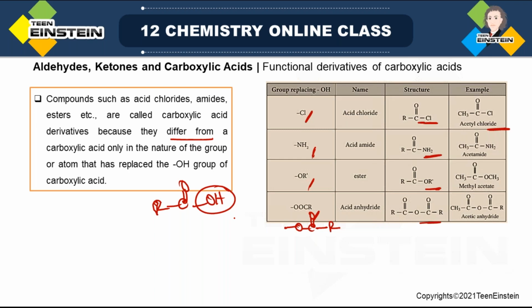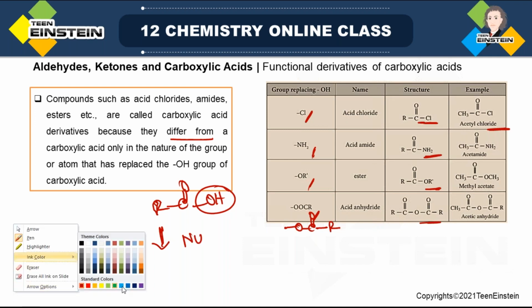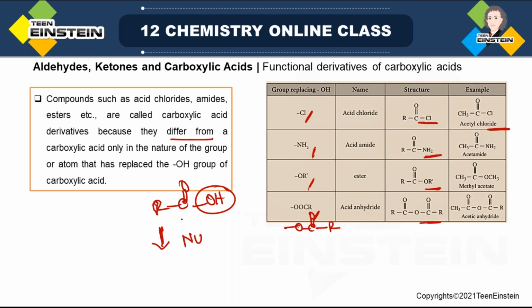Now the reactivity of these four derivatives that you can see here is obviously not the same. When I say reactivity, suppose you have carboxylic acid and you use some nucleophile. Obviously this nucleophile will attack this carbon, right? But suppose in place of the OH part you have some other group Z, in general.